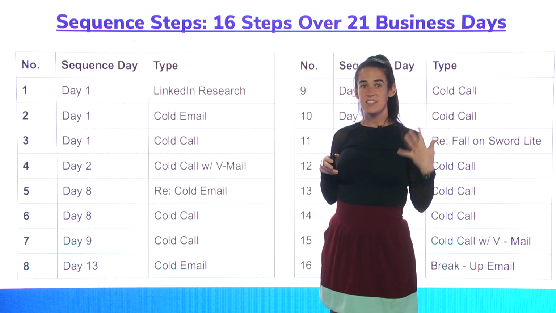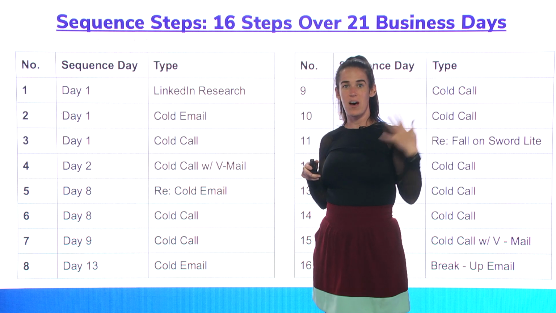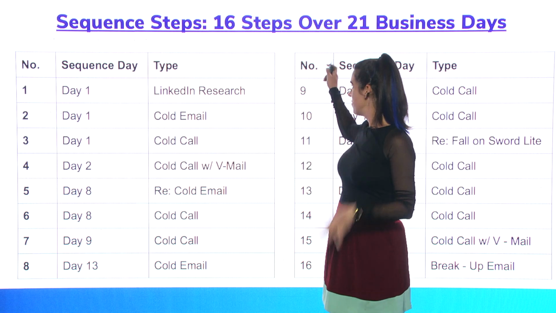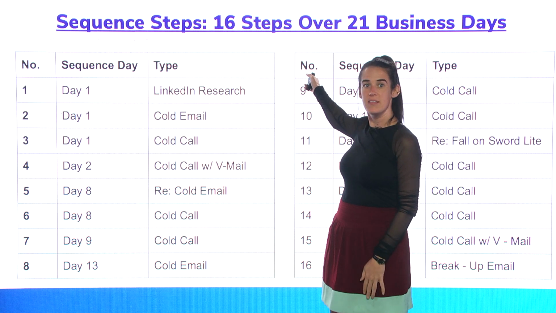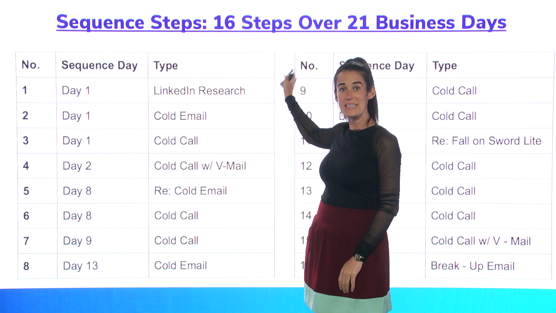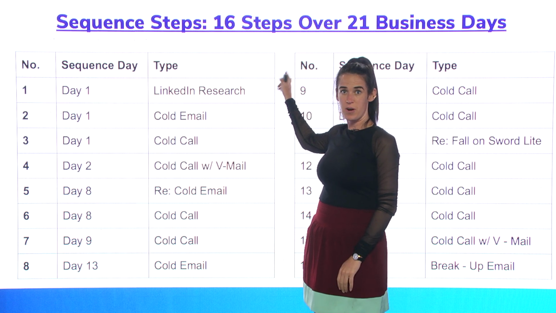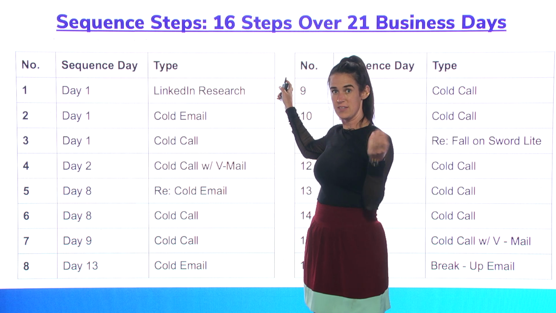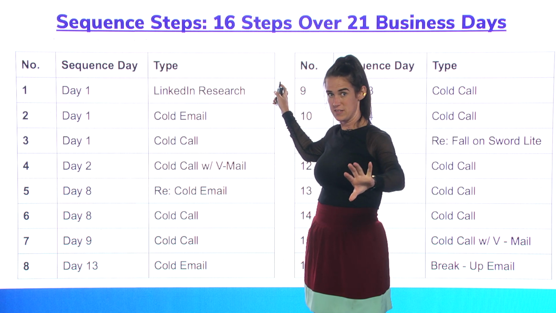There are 5 different pods of outreach that I'm doing within every sequence. The first step of every sequence is that I will have my reps go to LinkedIn, research the prospect, and tease out 3 personalized premises that they're going to use to fuel the rest of the sequence.